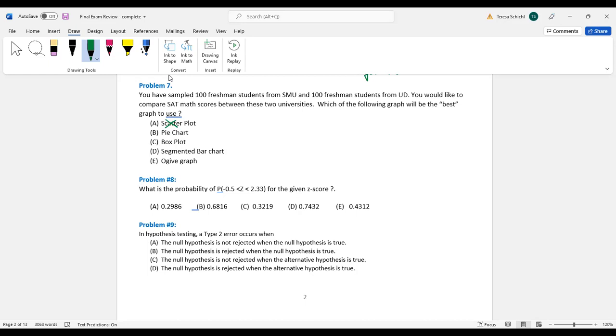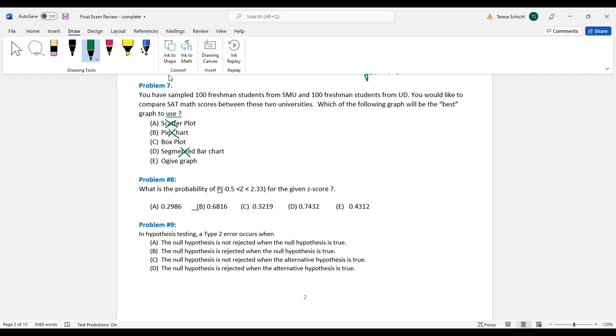But those 100 students, they are different, right? So a pie chart is not a good chart to do that, because a pie chart typically deals with categorical data. The segmented bar chart is not a good one to compare either, because this is mainly for categorical data.